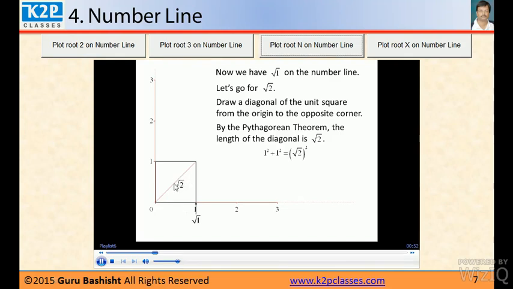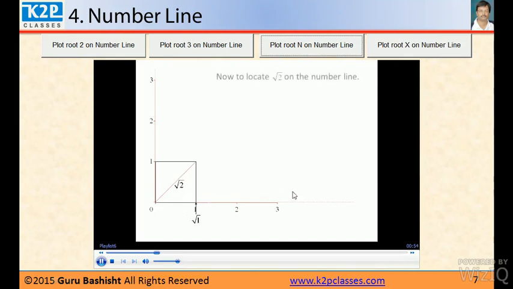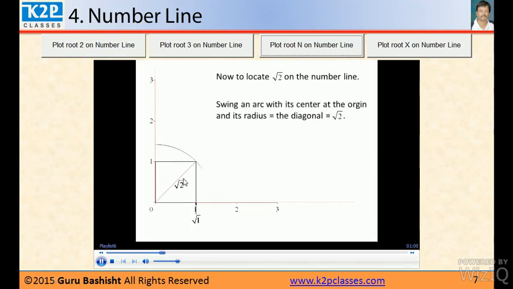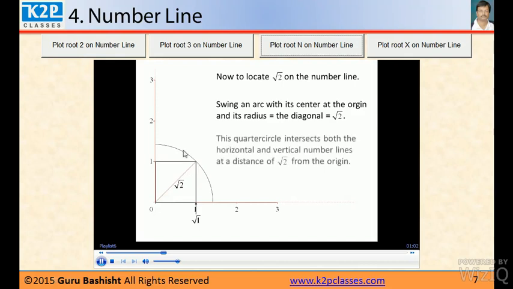Now locate root 2 on the number line. Just with this radius, we draw a circle which cuts the x-axis here. So this is root 2.